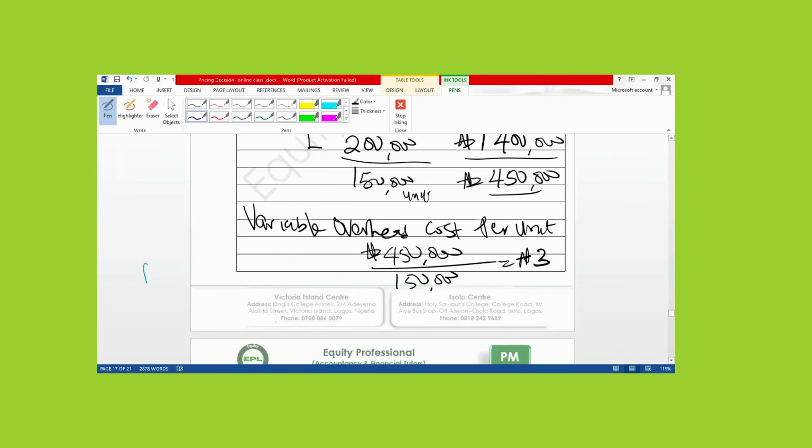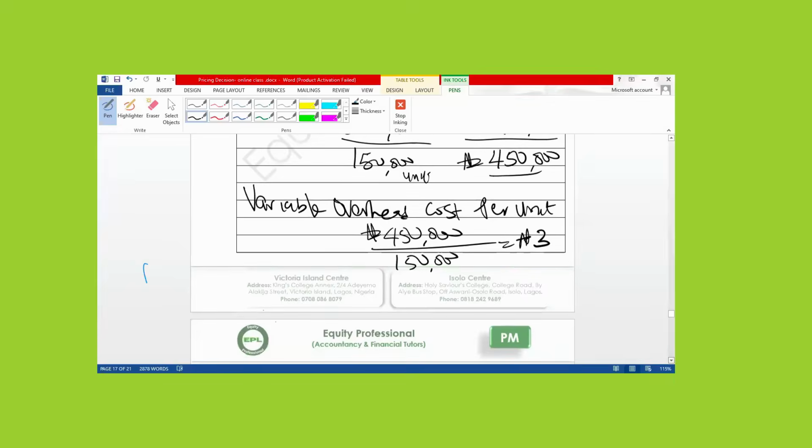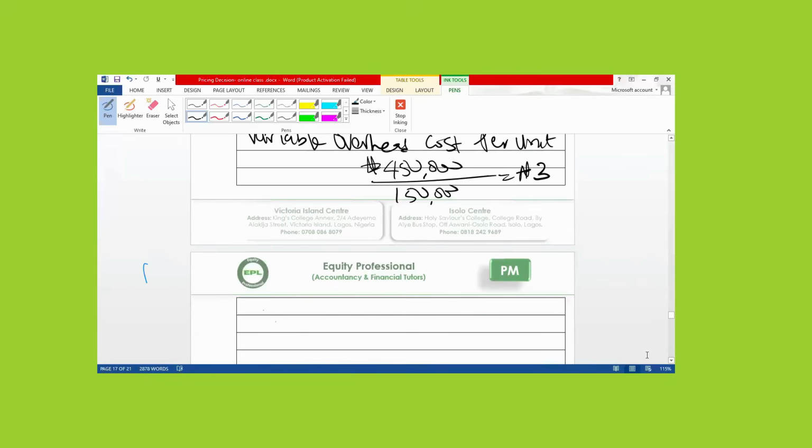Calculate total variable overhead, either at the highest level or the lowest level.